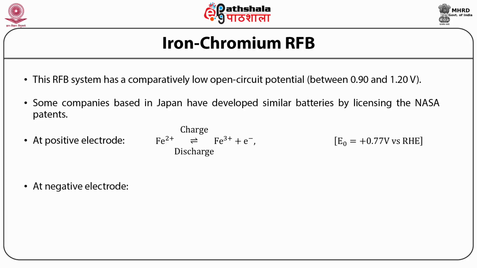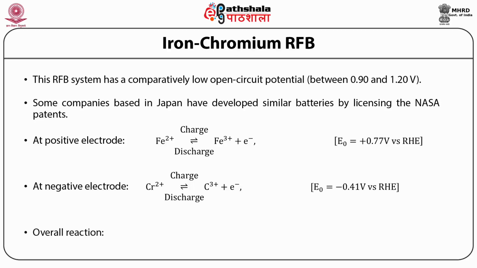At the negative electrode, Cr2+ charges or discharges to give Cr3+ plus 1 electron, with E0 equal to minus 0.41 volts versus RHE. The overall reaction now becomes Fe2+ plus Cr3+ charges or discharges to give Fe3+ plus Cr2+.